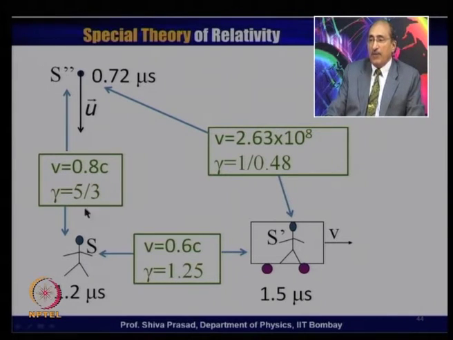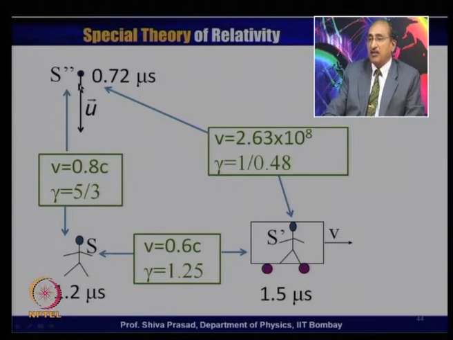Now, if at all we have to make a transformation from S frame to S double prime frame of reference, I would use this relative velocity v is equal to 0.8 c. In fact, what I have written in my earlier transparency was u. This I have designated as u. And correspondingly, the value of gamma that I will be using is 5/3. If I have to make a transformation from this frame to this frame, I would use v is equal to 0.6 c, and correspondingly a value of gamma to be 1.25.